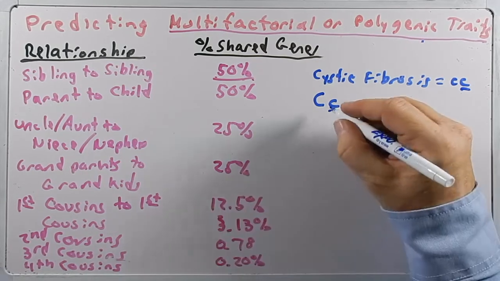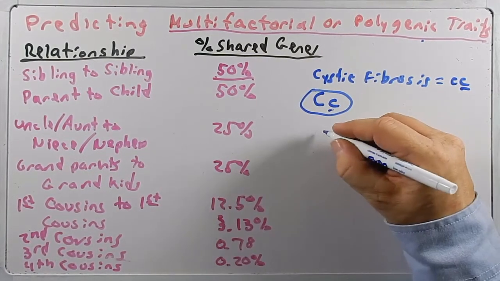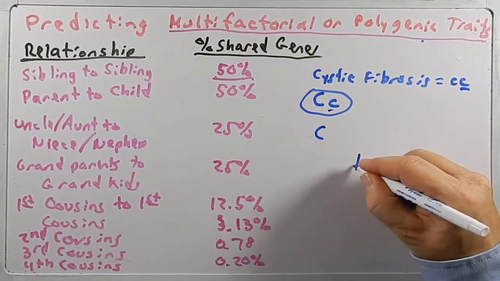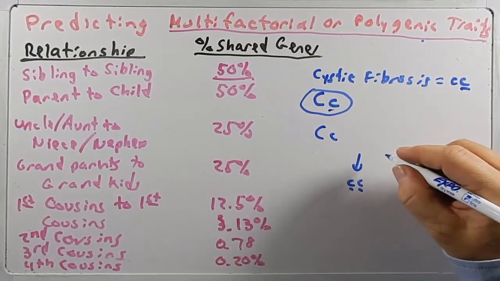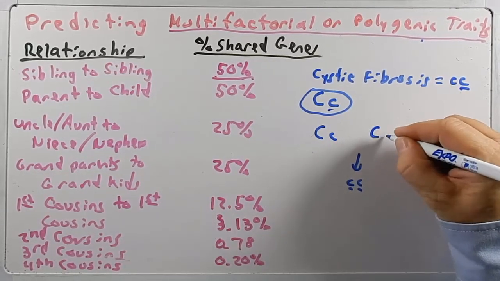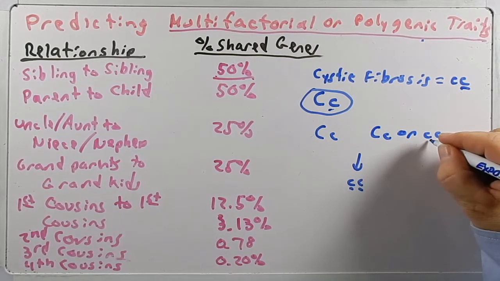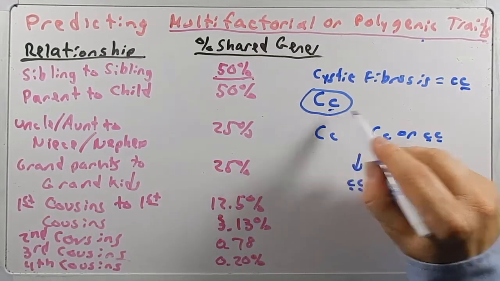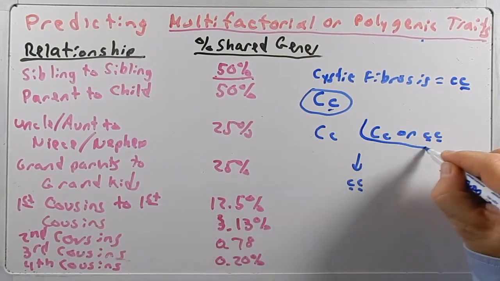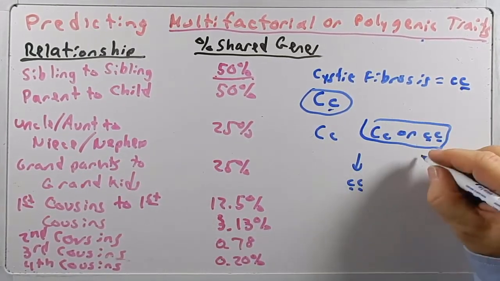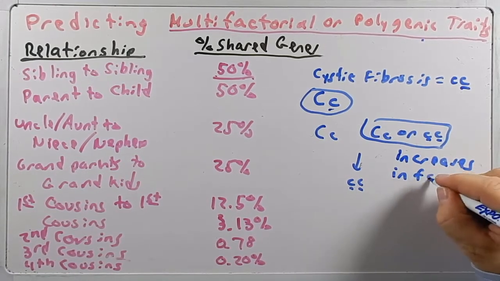Okay, so because we know we have these heterozygous traits, we know that the only way you're going to have a child that is little c, is if you have children with somebody who is also heterozygous, or they themselves are little c. Now, since this is a rare allele, the chances of finding a mate that looks like this increases in families.